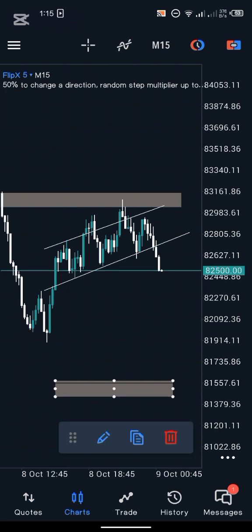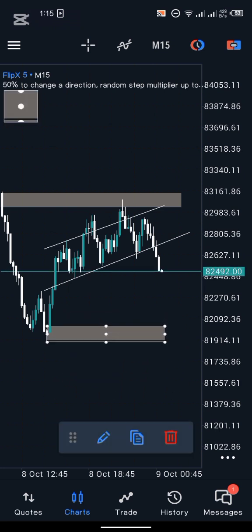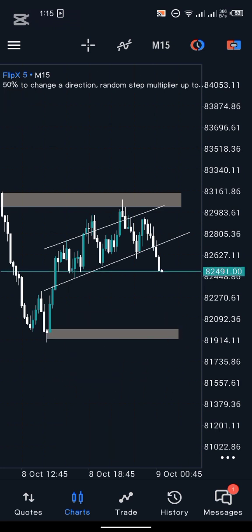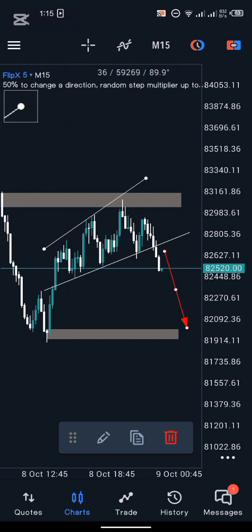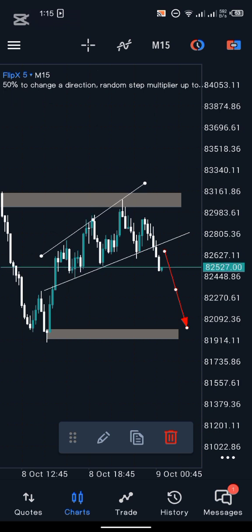But before we enter this trade, we need to look at certain things. First things first, we need to know where we are planning to get out, and that's our TP. Then the second thing, not actually the most important, but important, is where we are planning to enter.